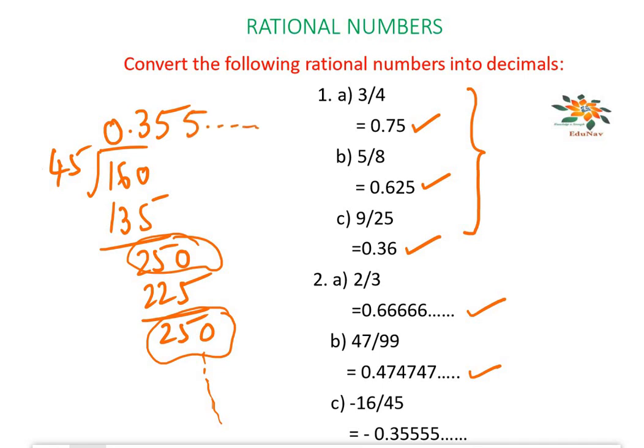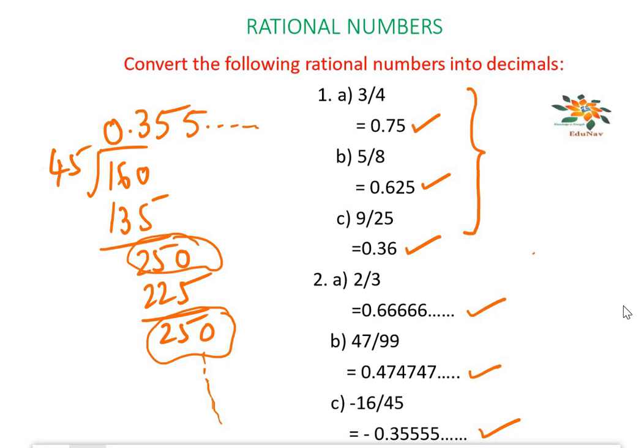Right? Do you agree? Therefore, the decimal form of minus 16 by 45 will be minus 0.35555 and so on. That implies 5 is going to get repeated again and again. This is the decimal form.